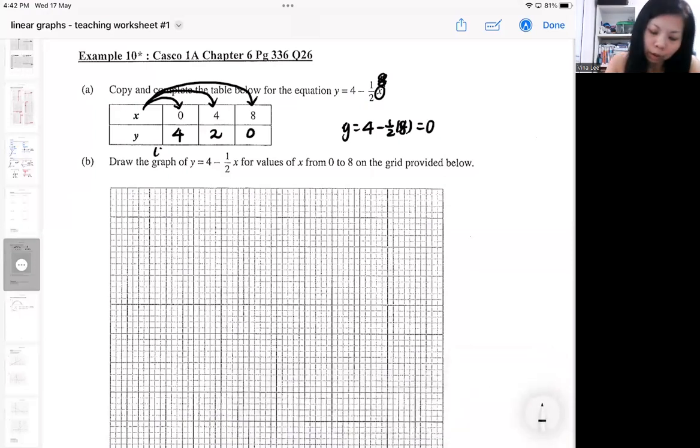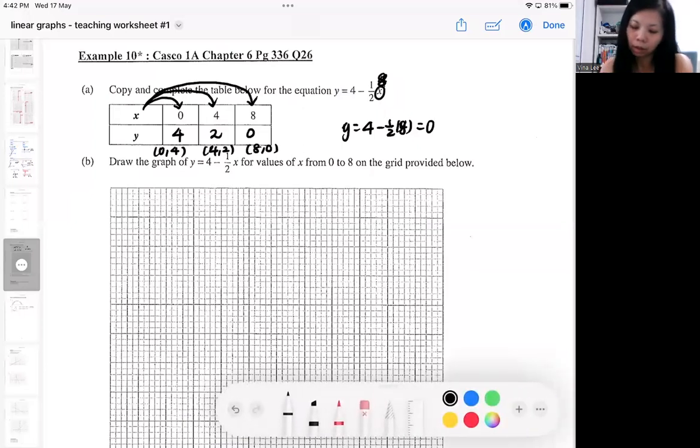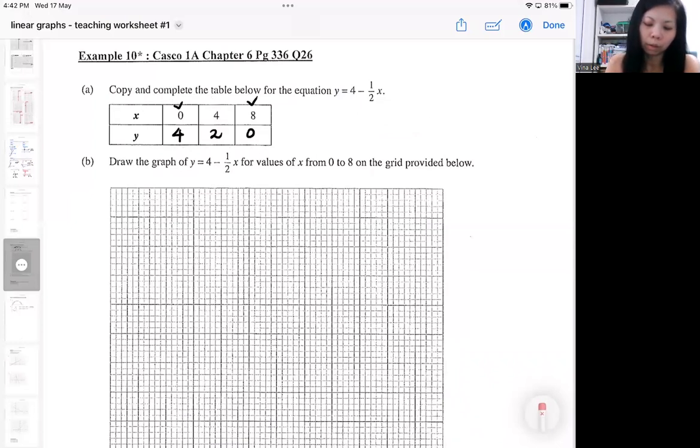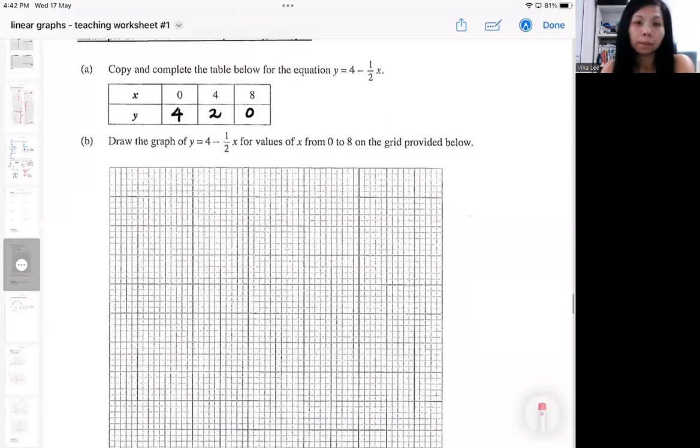So all these actually form the coordinates for you to draw the straight line.